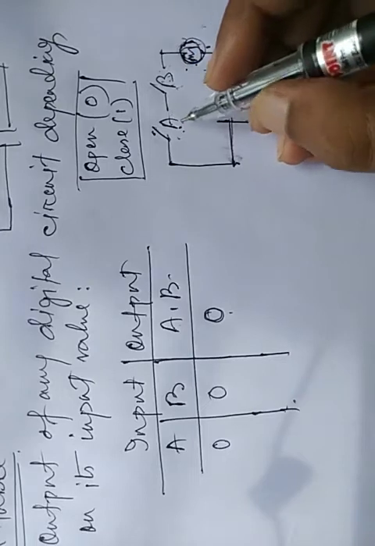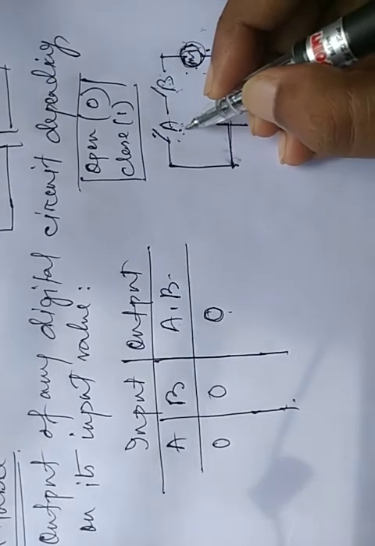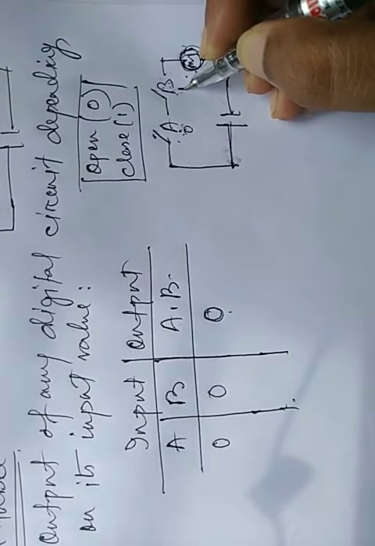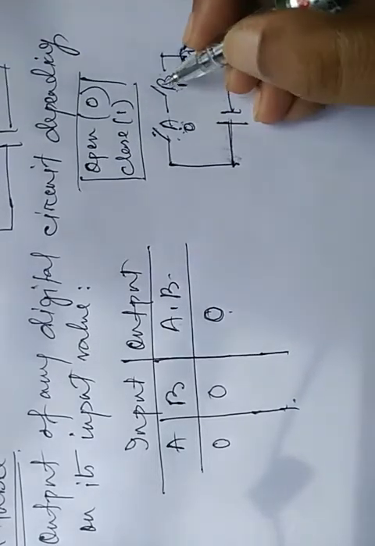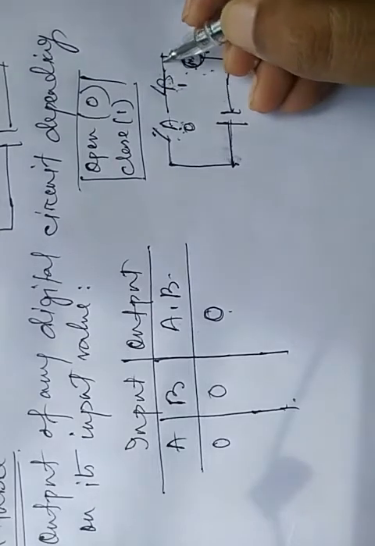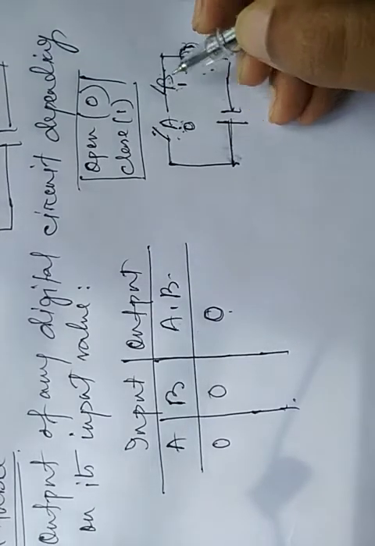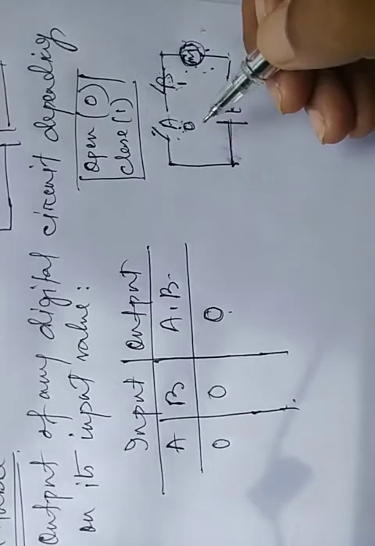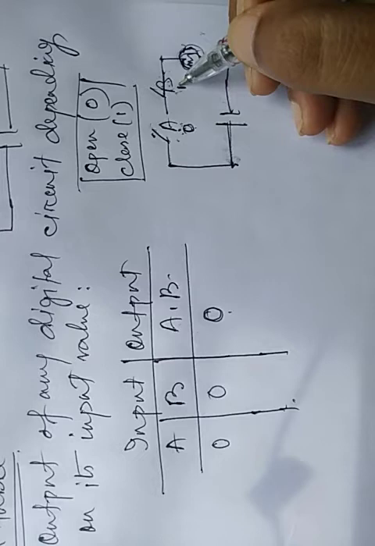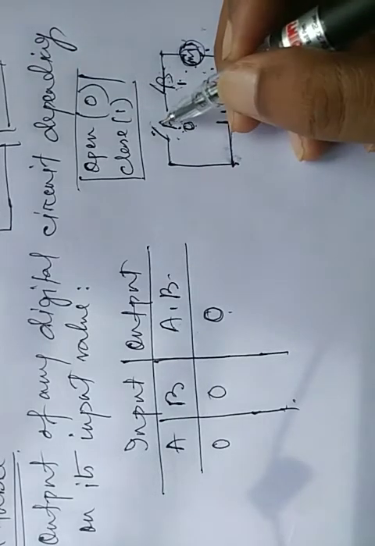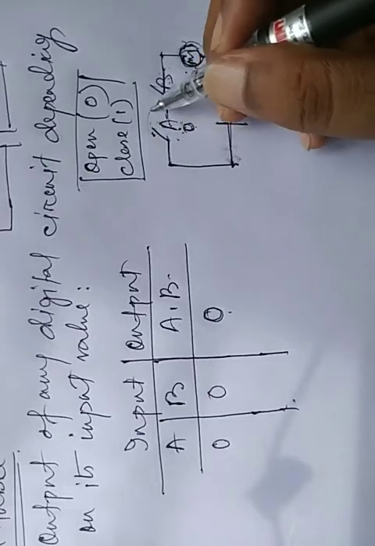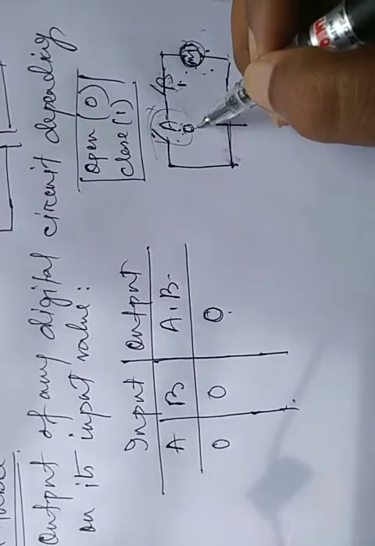Okay, so that is our first state, when both the switches are open. In our second state, suppose A is open and B is closed. That means B is connected. In this state we have to check all the possible conditions, where one switch is open and another switch is closed. When one switch is open, this area is a disconnected circuit.